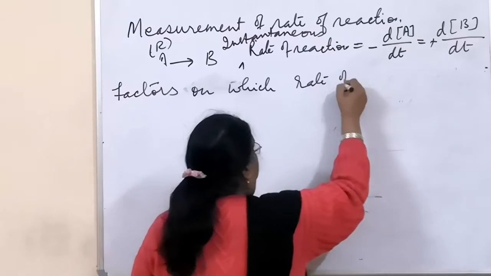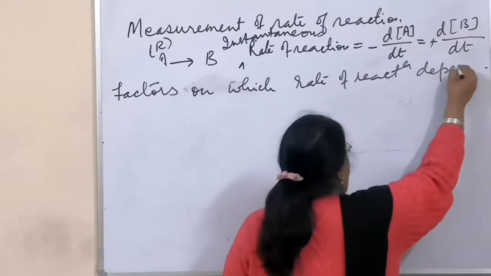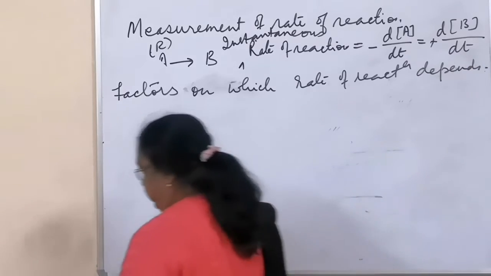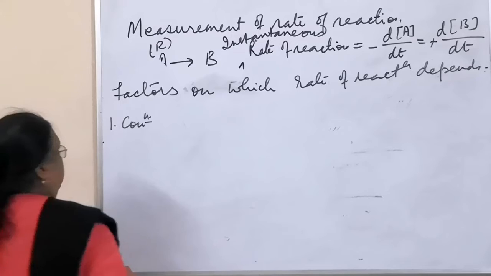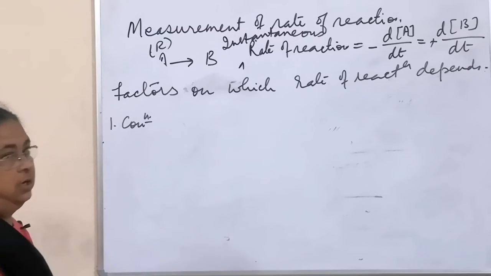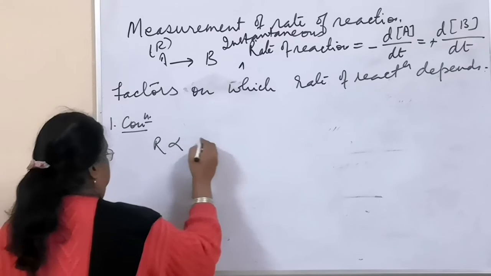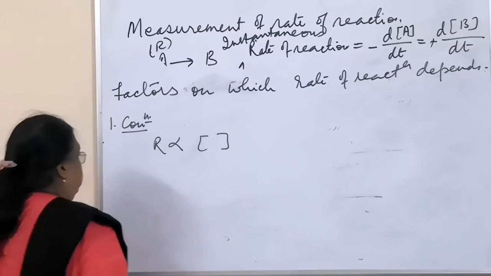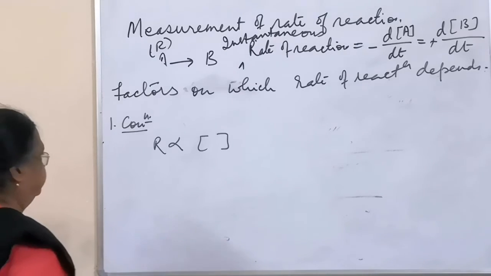The first factor is concentration. Higher the concentration, faster the reaction. So the rate of the reaction is directly proportional to the concentration of the reactant.